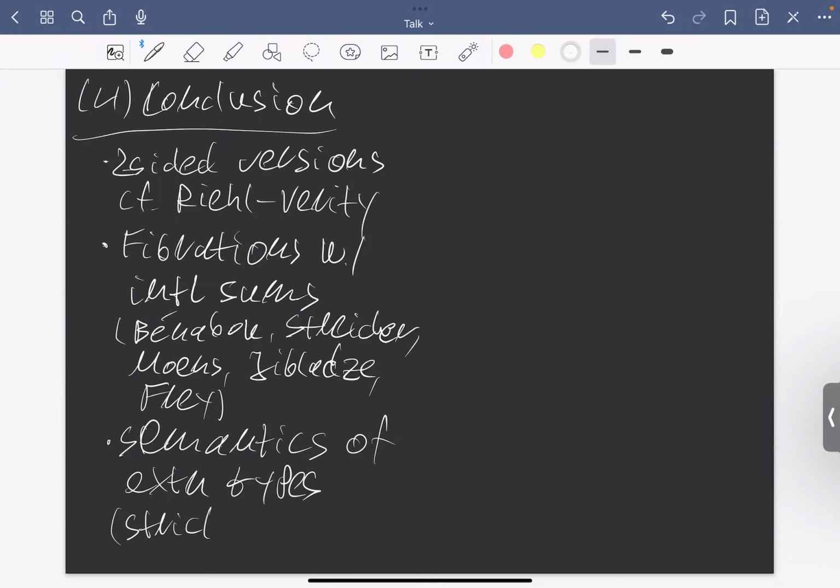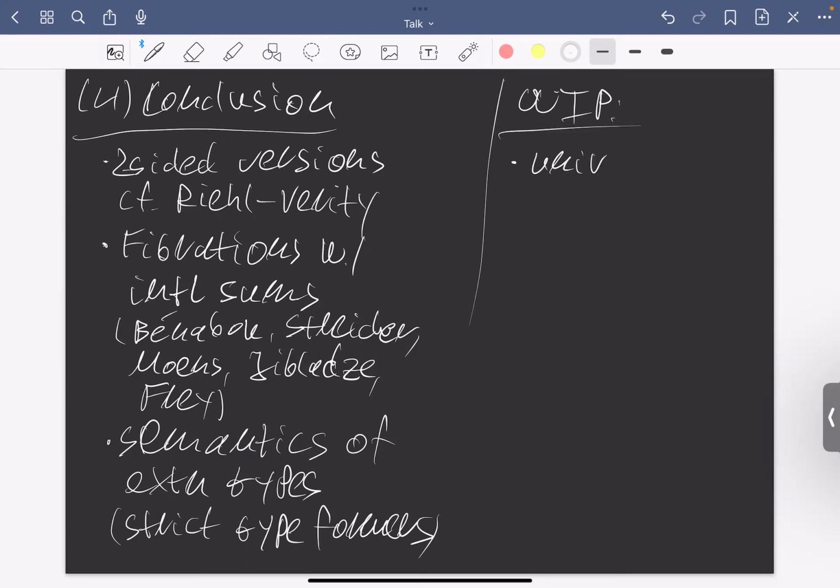So, strict type formers. And then there's additional work in progress with Ulrich that has to do with universes, universal fibrations, and maybe opposite and core types.